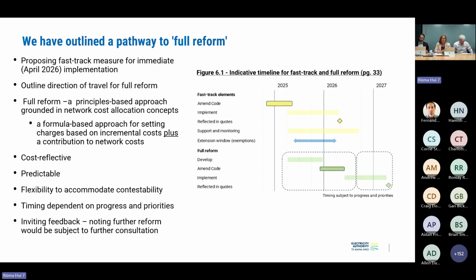We are not proposing code amendments on full reform at this stage. However, we thought it was useful to share our thinking on what full reform could look like as it provides context for the proposed fast-track measures. We are very interested in your views on the anticipated features of full reform and the timing options.